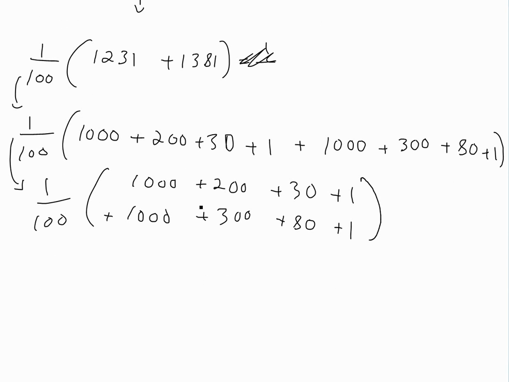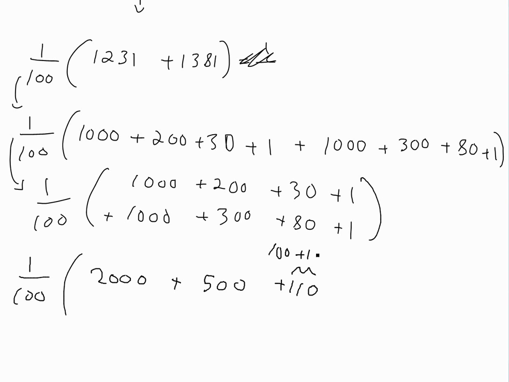Then you add the corresponding digits. Here we get 2000, this one gets plus 500, and this one is 110, which is actually 100 plus 10, and then this one is plus 2.